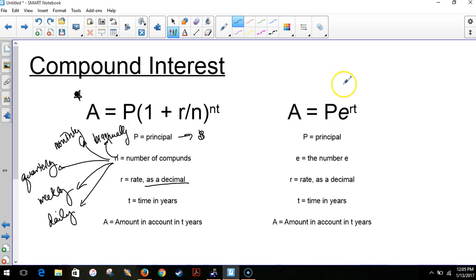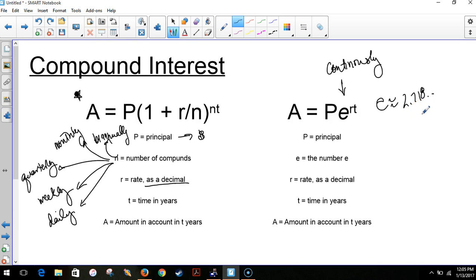Now, if you have a situation where you're compounding continuously, this is not something that we usually see when we're talking about money, but more when we're talking about growth rates in nature. Then you'll have to use the number E, and the number E is about 2.718... It is irrational like pi, so it never ends and it never repeats, so we use 2.718 as our estimate.